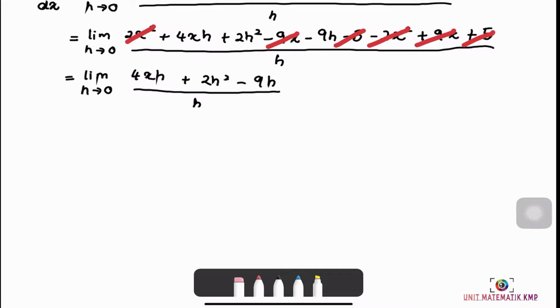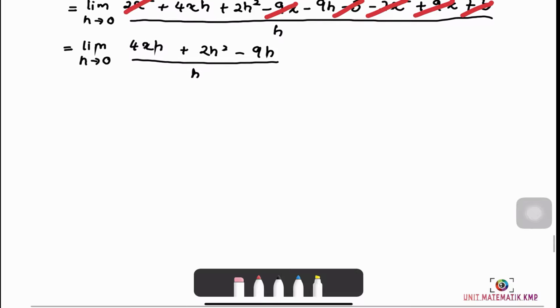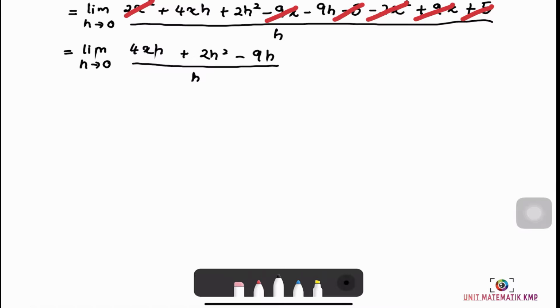Since all the terms have h, we can factorize h. So we have the limit of h times 4x plus 2h minus 9 over h when h approaches 0.